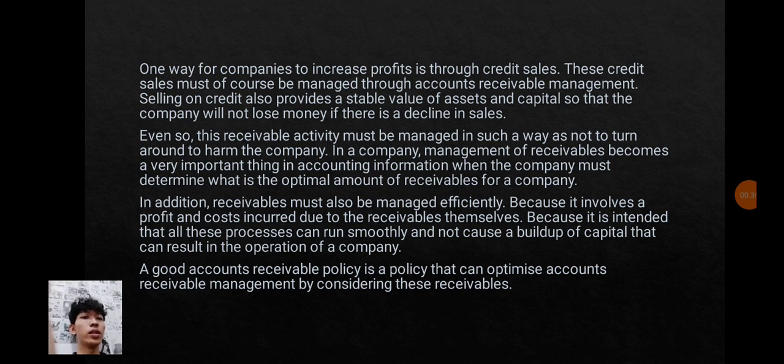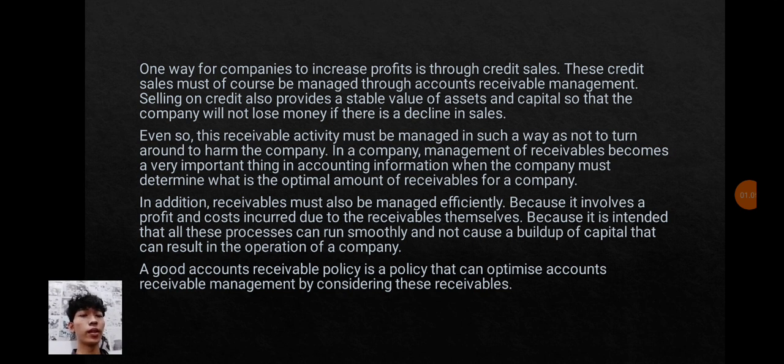Even so, this receivable activity must be managed in such a way as not to turn around to harm the company. In a company, management of receivable becomes a very important thing. In accounting information, the company must determine what is the optimal amount of receivable.